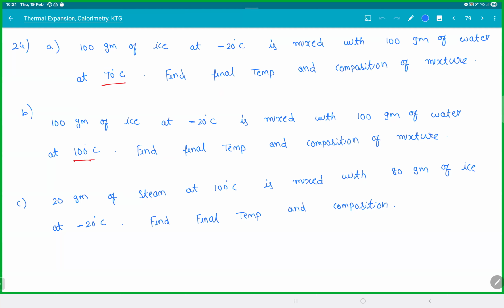Right, Samyak, that looks right. Get this, everyone. B part, 100 grams of ice at minus 20 and 100 grams of water at 100.